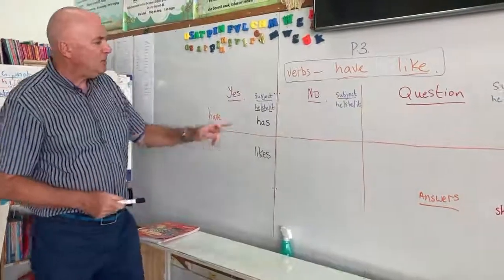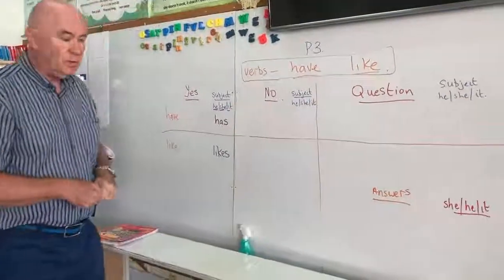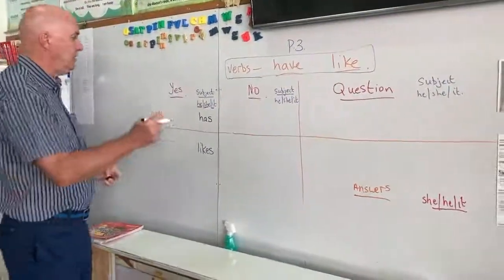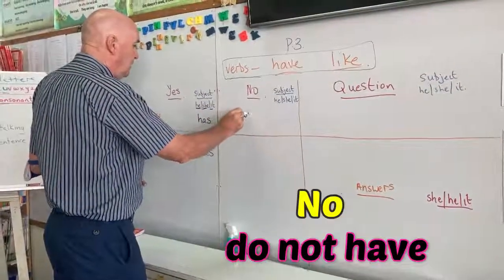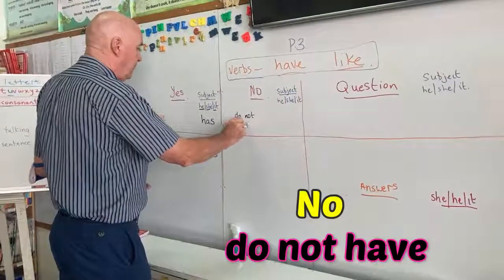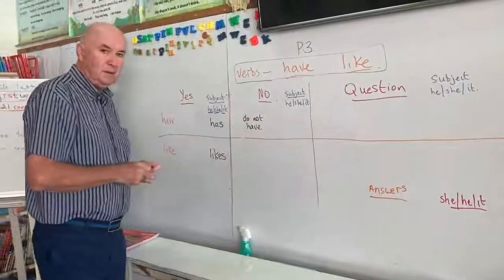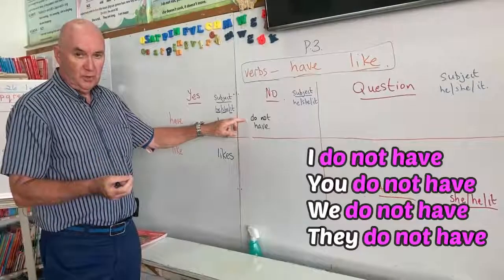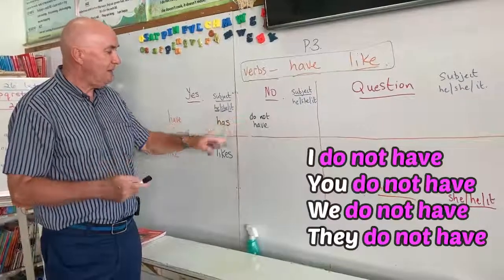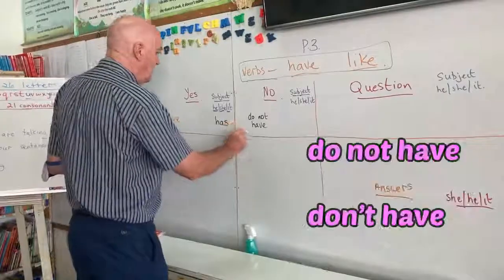Okay, how do we say no? Well, with the verb have, we would say do not have. So if the subject is I, or you, we, they, do not have, or we can say don't, can't we?